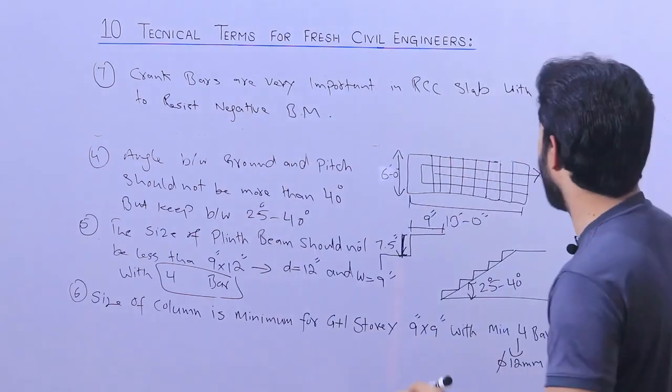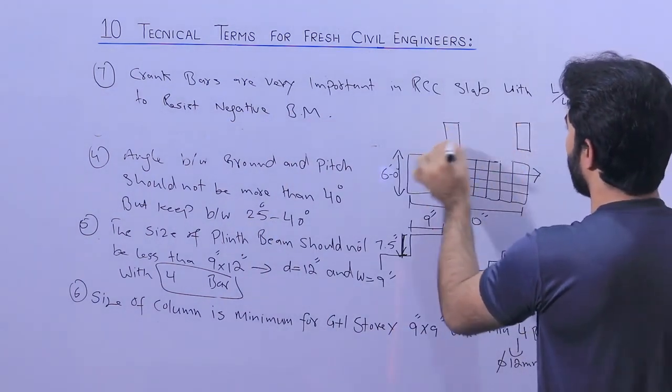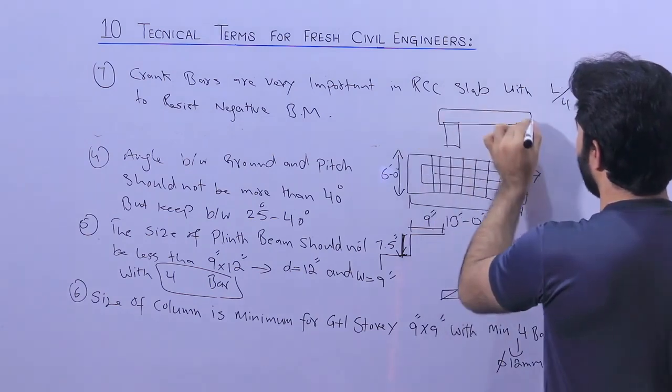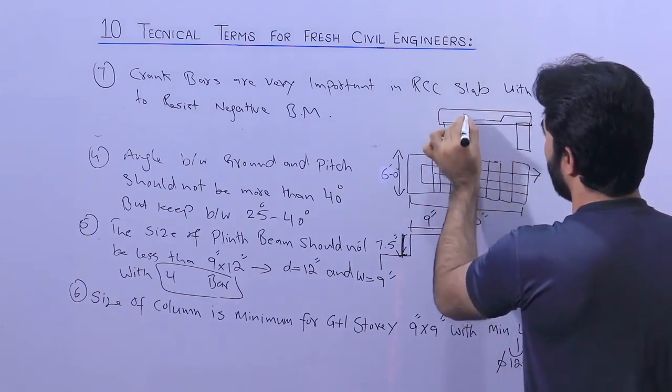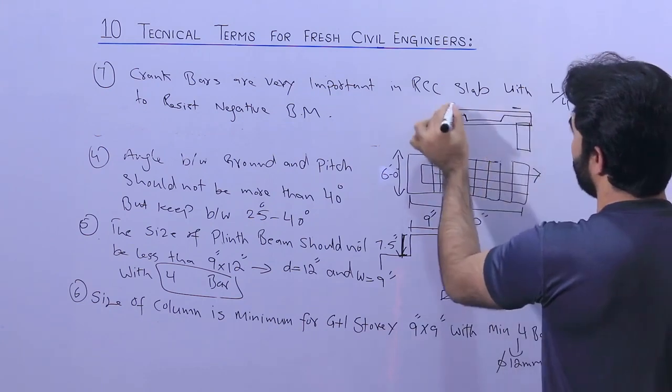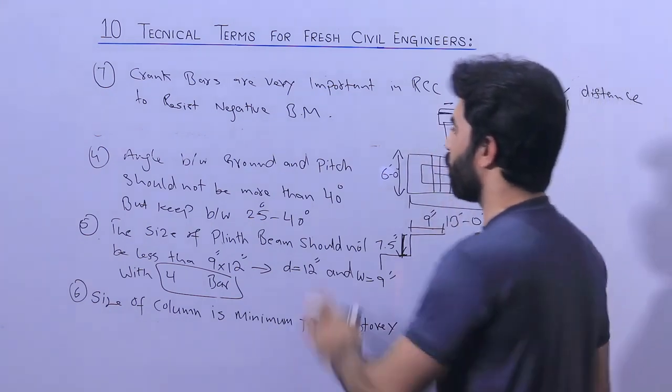This is very important. How, guys? You can see here, this is one column, this is another column, this is the slab on top, and this is the crank bar. So here we have negative bending moment, here we have positive bending moment. This is very economical, so you should provide it.